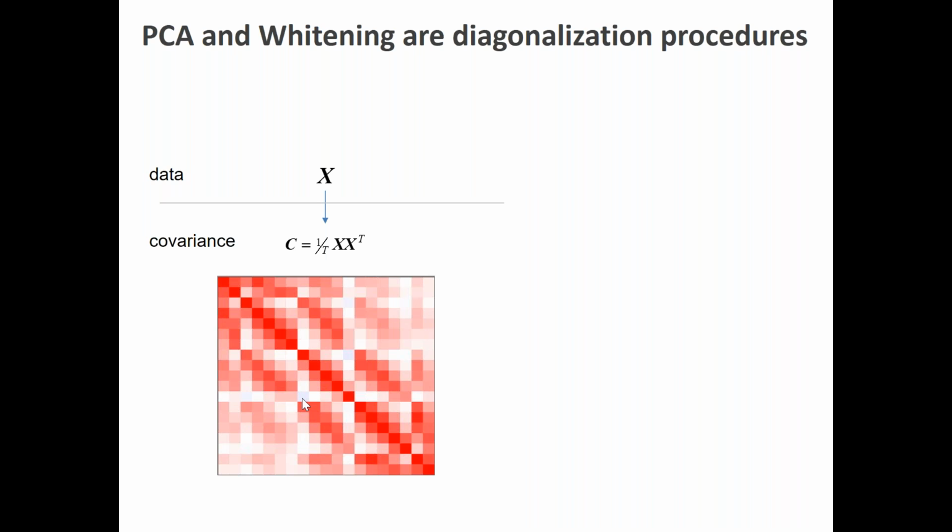The darker the color, the higher the number. This is a graphical way to see what's going on with the matrix. On the diagonal we have the variances, remember, and all the off-diagonal elements are the covariances between time series. In this case we have 19 electrodes, so we have a 19 by 19 covariance matrix.